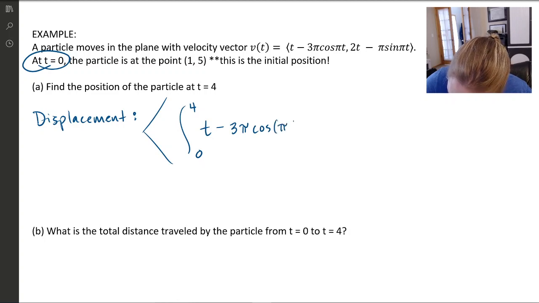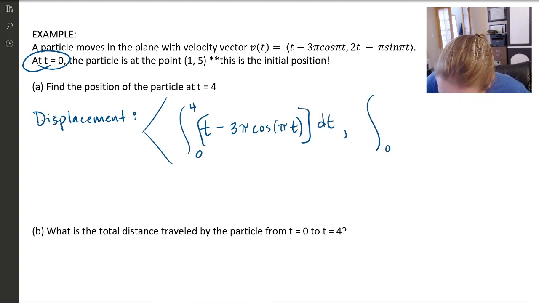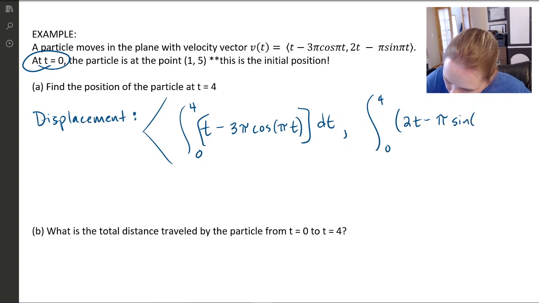There's a lot of stuff going on in there. Close that, dt. And then I'm going to integrate separately, same limits, different function, 2t minus pi times the sine of pi t. Now there's a lot going on in here, so I'm going to be super careful.